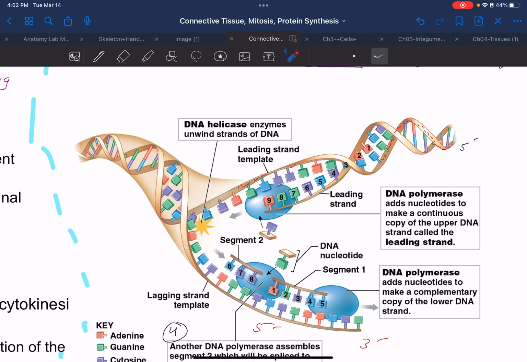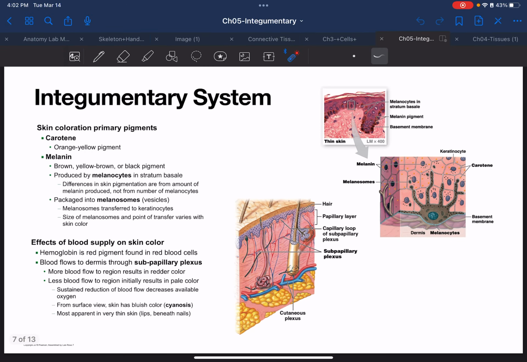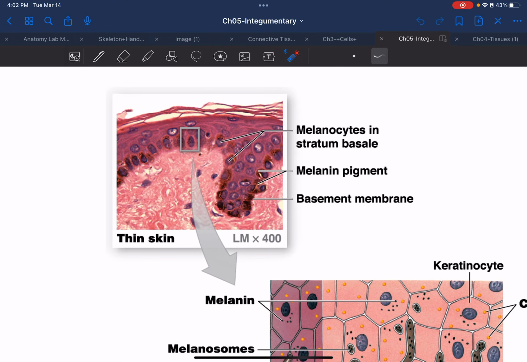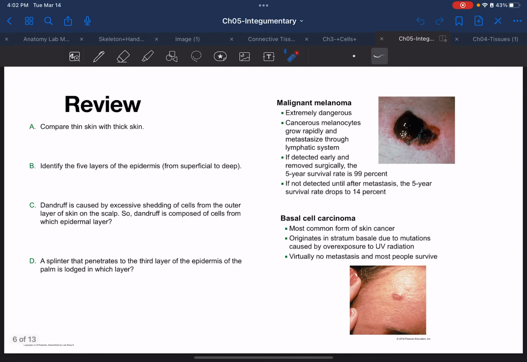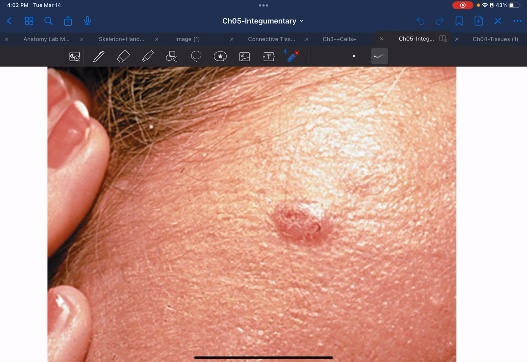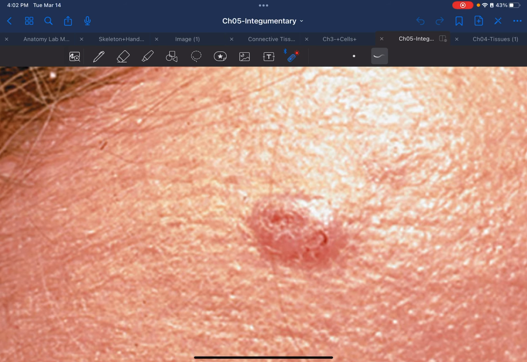If they lose the ability to undergo mitosis correctly, they can just keep going and can't stop themselves from dividing. And if a cell can't stop dividing, that's why you get growths such as melanoma or skin cancer, little growths. These little growths are like keratinocytes that can't stop dividing.